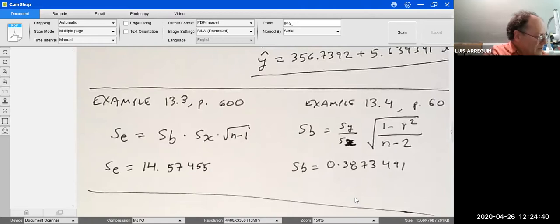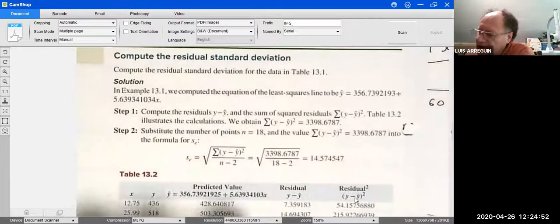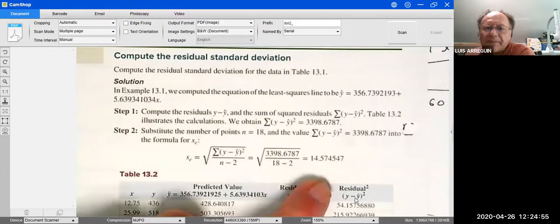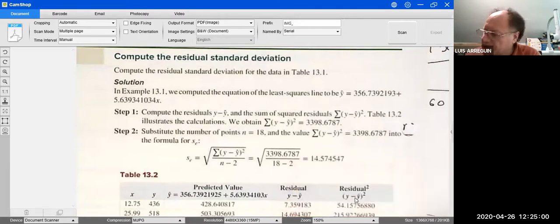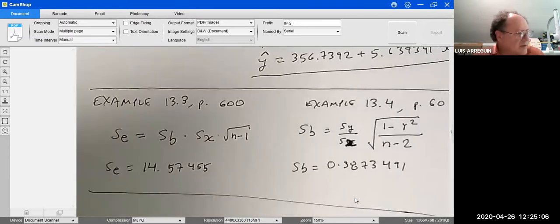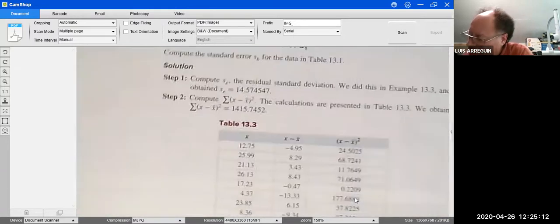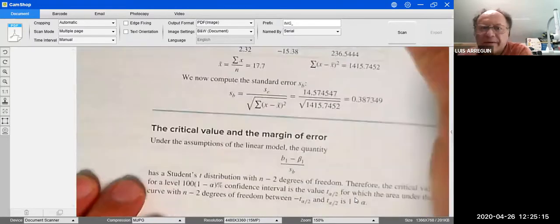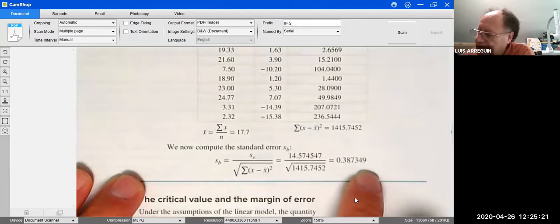So now we're going to check just our answers. So let's see. So for example 13.3, they find that the residual standard deviation is 14.57, and we got 14.57 here, and for the standard error of the slope, they are finding here at the end of the computations 0.387349.